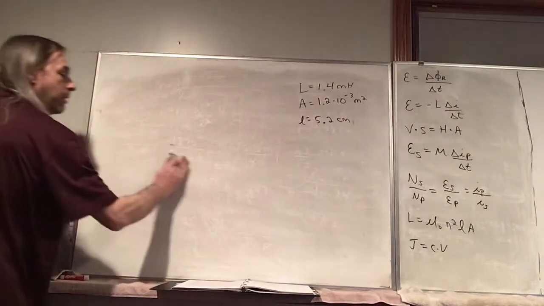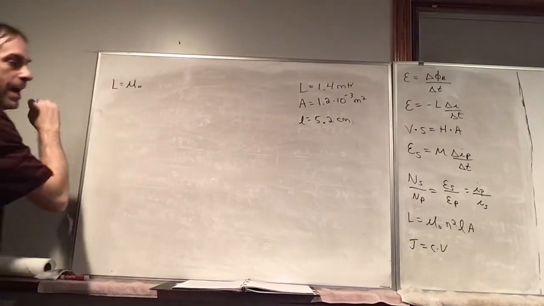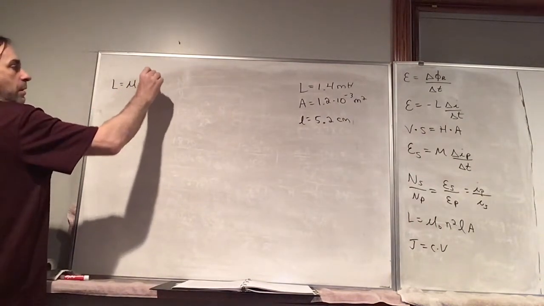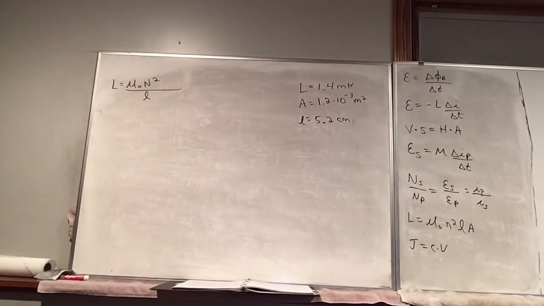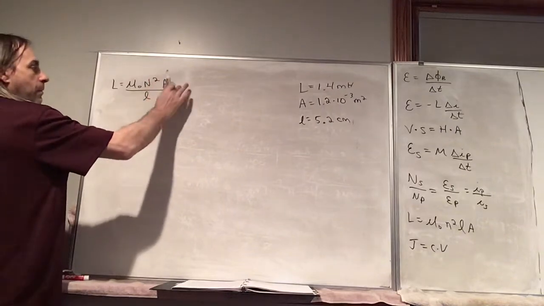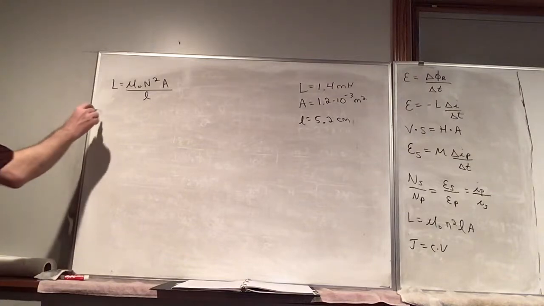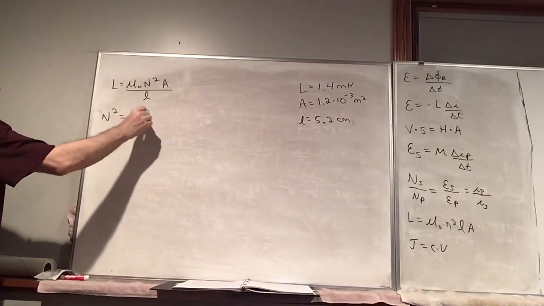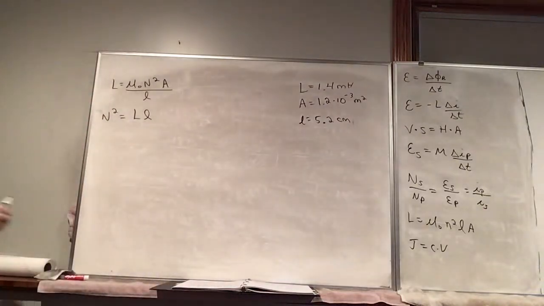So let's write down the inductance. So we've got mu naught. Now I'm going to replace lowercase n with capital N. So we'd have big N squared over l squared, but then times l. And then we have the area. So we're trying to solve for N. I'm using lowercase l for the length of the solenoid because uppercase L is the inductance.